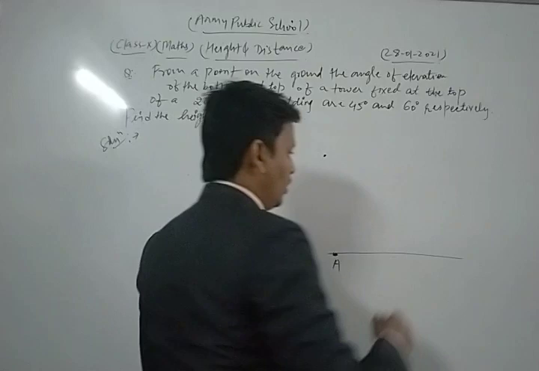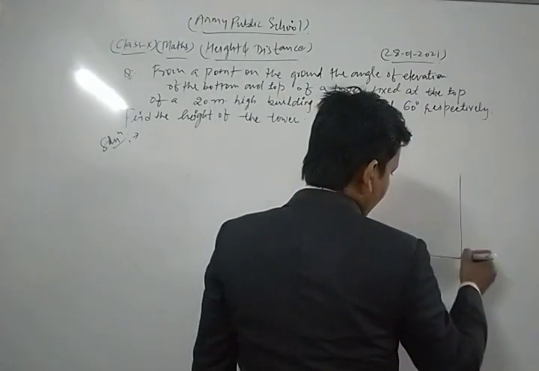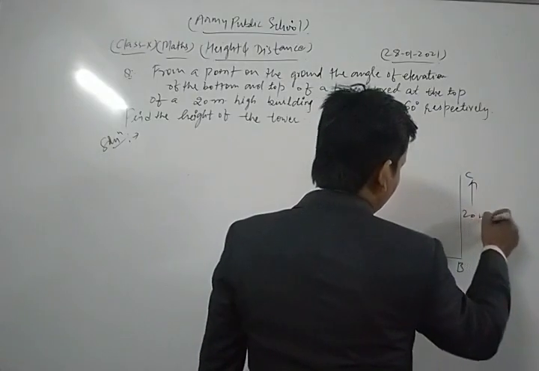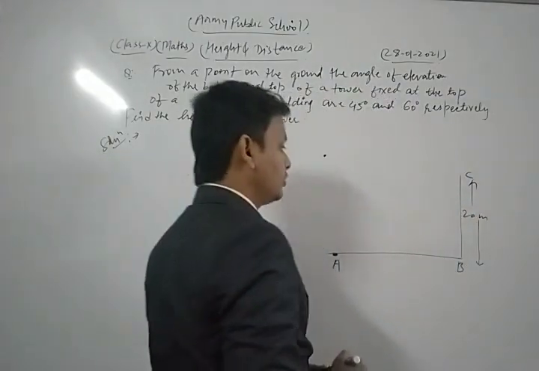Now we draw a 20-meter high building. Suppose that BC is the height of the building, which is 20 meter. Okay, dear friends.